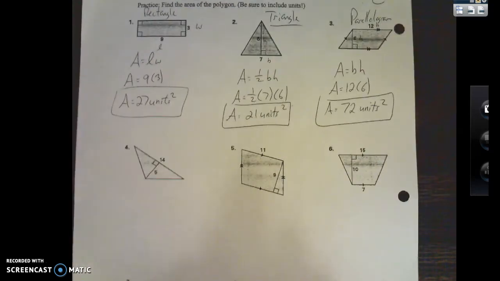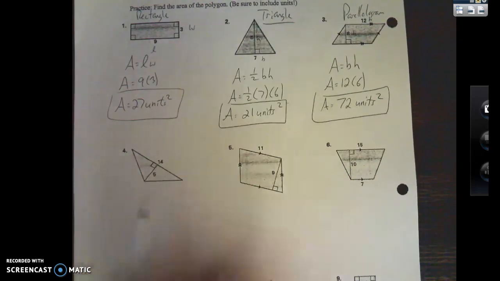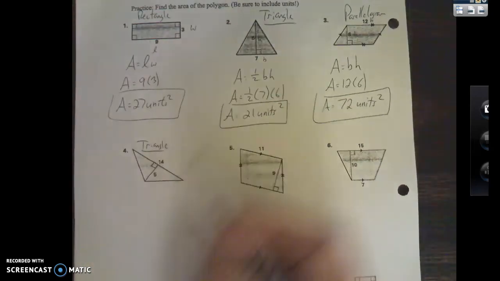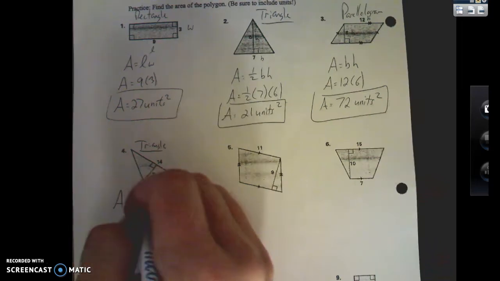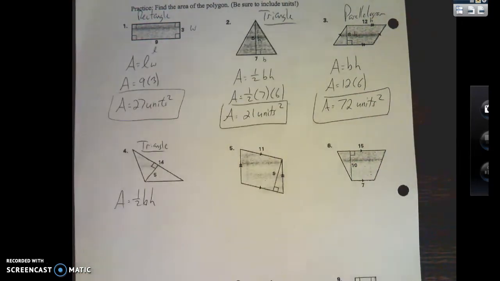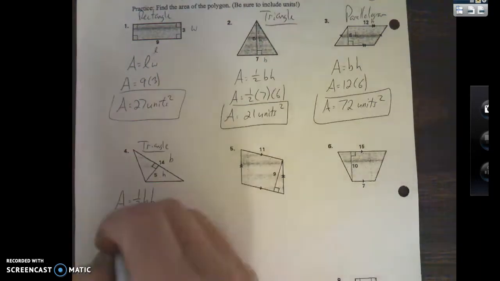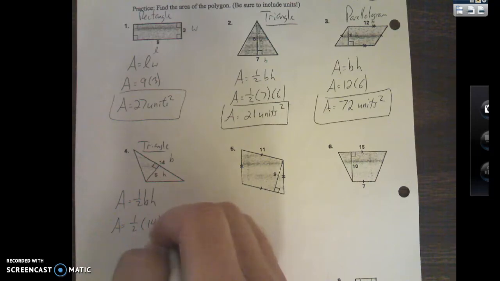Okay, this next one, much the same. This is a triangle. This is going to follow the same pattern. So here's my triangle. I'm looking for my formula. Let's use our previous problem to help us out. Area equals 1/2 base times height. Okay, so my base is 14. My height is 5. I'm looking at 1/2 14 times 5.